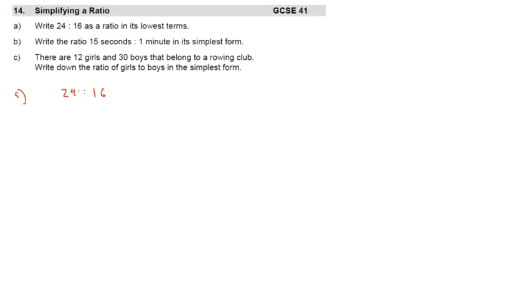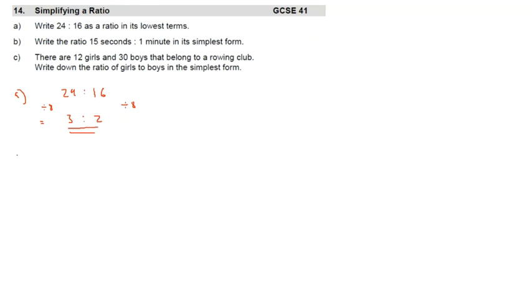They're also both in the 4 times table, but I spotted they're both in the 8 times table. So if you divide them both by 8, 24 divided by 8 is 3, and 16 divided by 8 is 2. And you can see now there's no number that goes into 2 and 3 at the same time apart from 1, and 1 is useless.